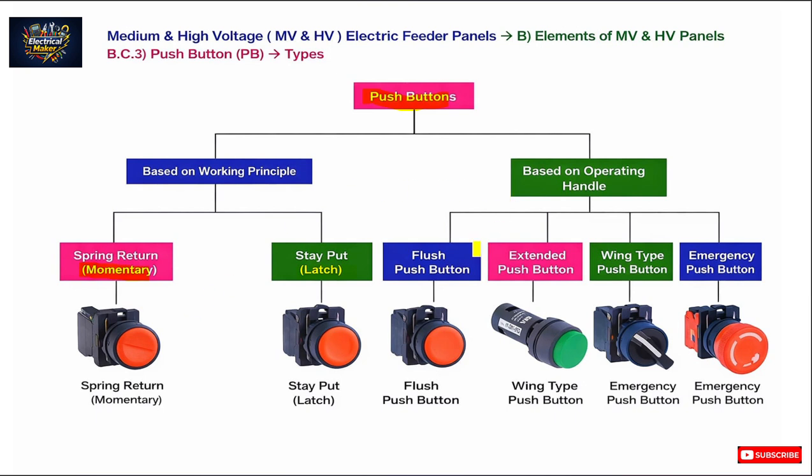Next one is based on operating handle. Here are four different types of push button based on operating handle: flush push button, extended push button, wing type push button, emergency push button.